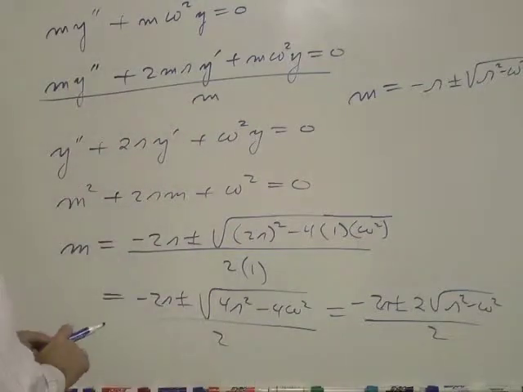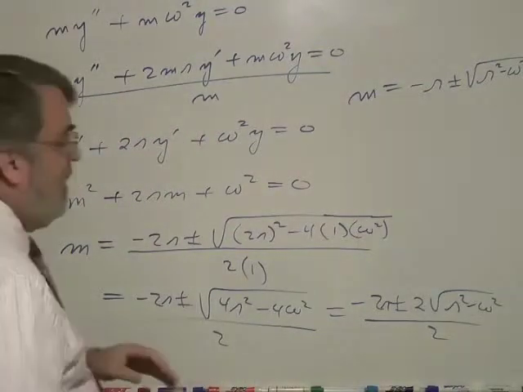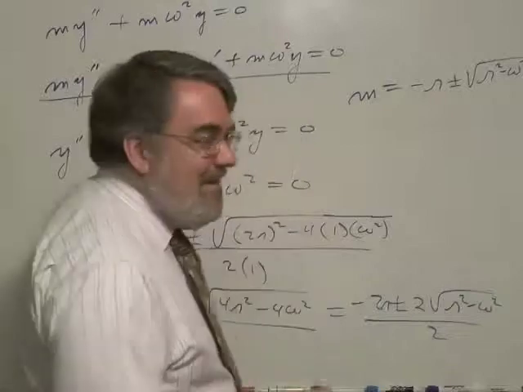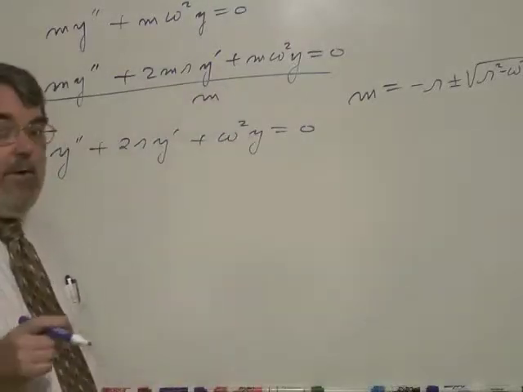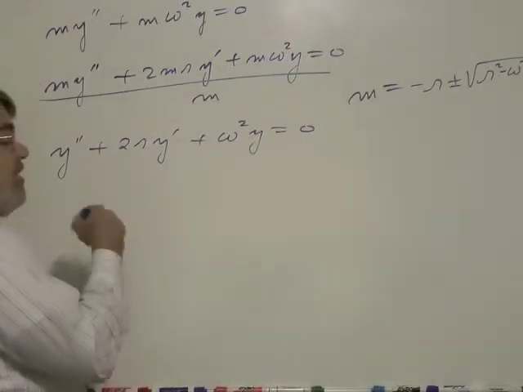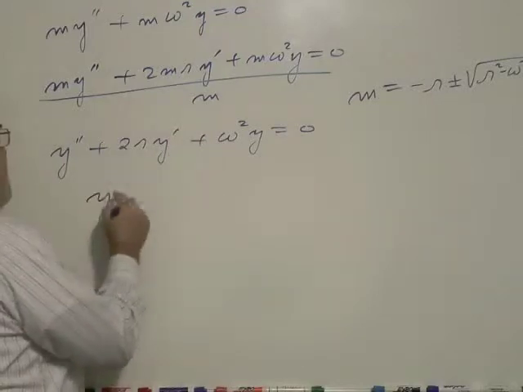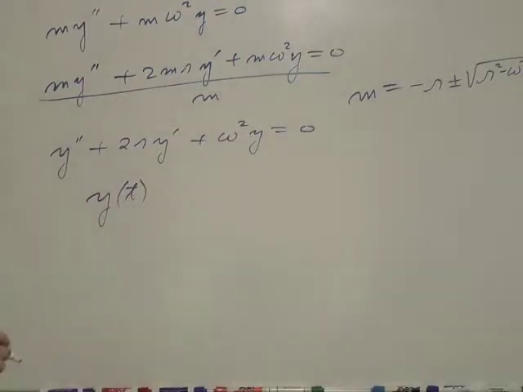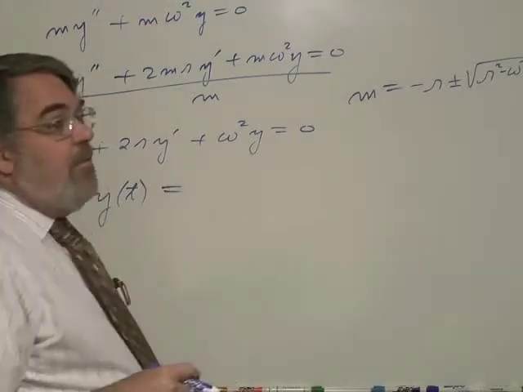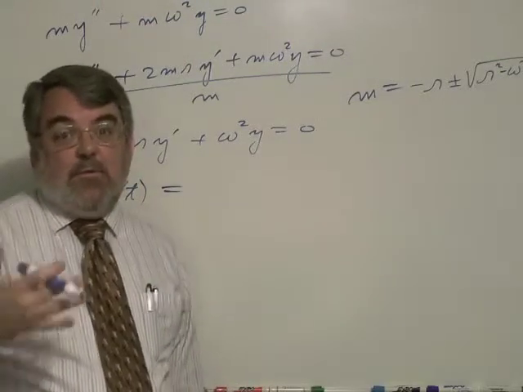There we go. So, let's write out the answer. So here we are, the complementary solution, which is the full solution. y as a function of t is equal to a constant times e to each root.